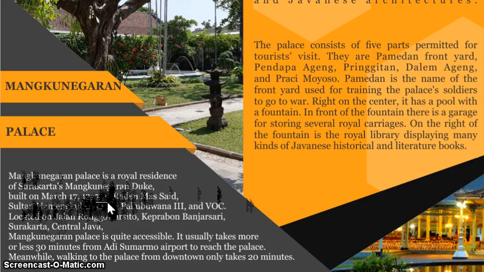Right. Now, let us see the second sentence here. Mangkunegaran Palace is quite accessible. Oh, sorry. I missed the first part of the sentence. Located on Jalan Ronggo Warsito, Keprabon, Banjarsari, Surakarta, Central Java, Mangkunegaran Palace is quite accessible.